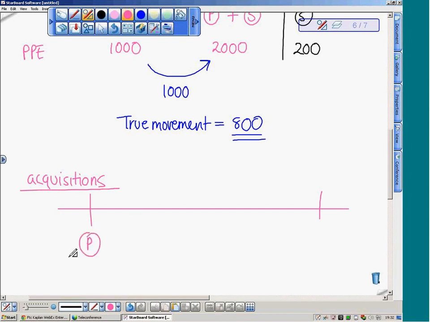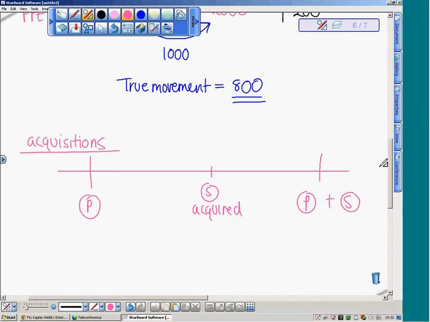If you have an acquisition during the year, so maybe S was acquired, so at the end, you end up with P and S. Well, you can deal with this. Okay, you're going to have your brought and carry forward numbers to derive your cash flow.